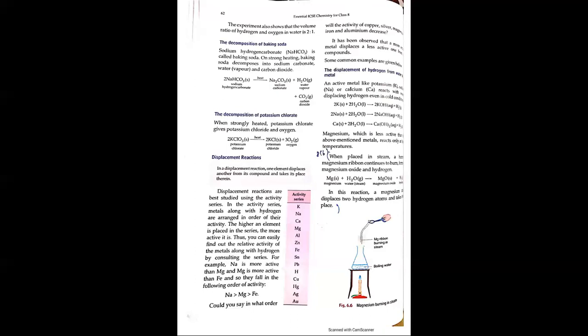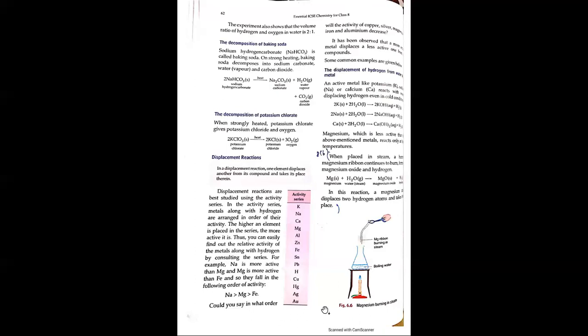As you can see, sodium, potassium, calcium, magnesium. Magnesium is the last among K, Na, Ca, so it reacts under certain conditions only. When placed in steam, a burning magnesium ribbon continues to burn, forming magnesium oxide and hydrogen. In this reaction, a magnesium atom displaces two hydrogen atoms and takes their place.